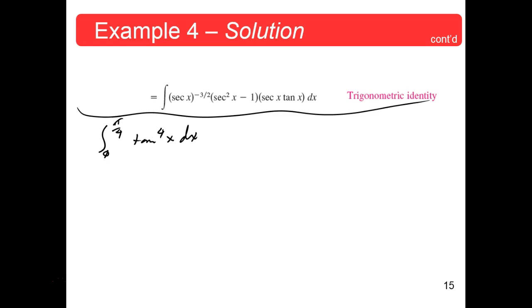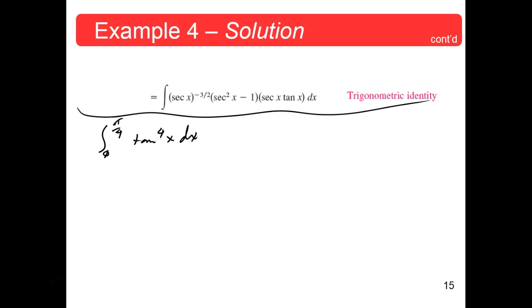So we need to take this and convert it to secant, or at least one of them to secant. But the rule says when it's of this form, no secant factors and power of tangent is even and positive, convert the tangent squared factor to a secant squared factor, expand and repeat as necessary.